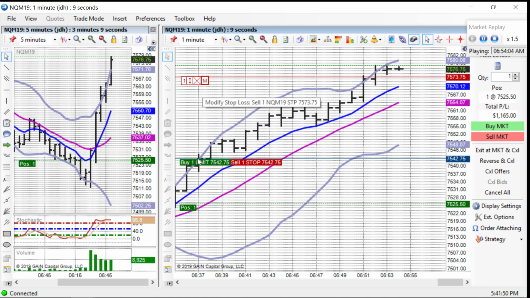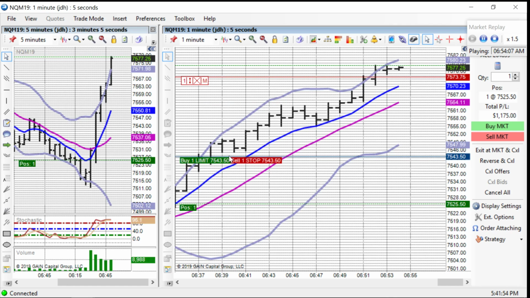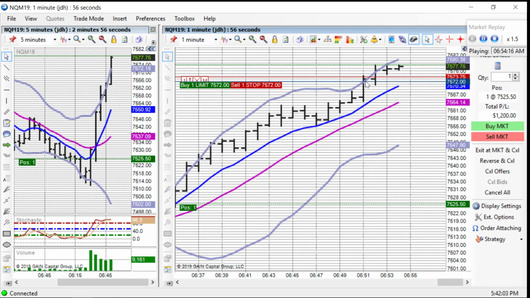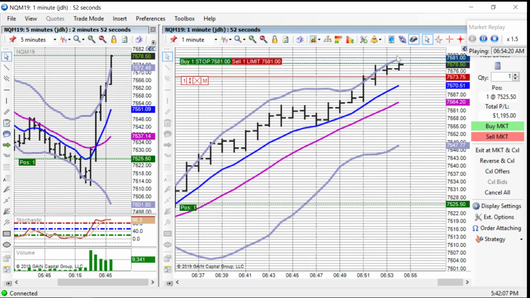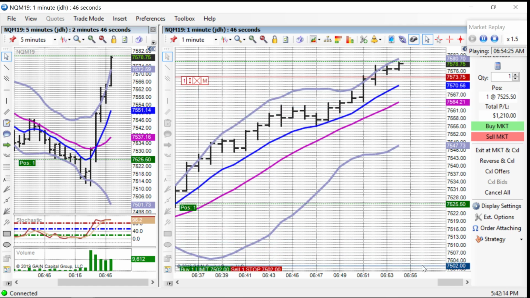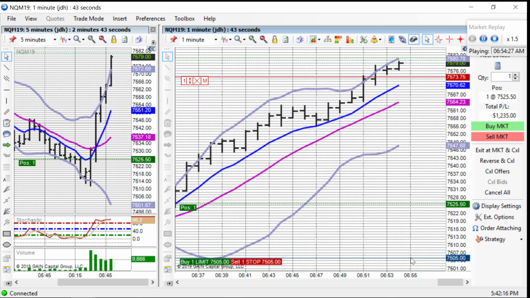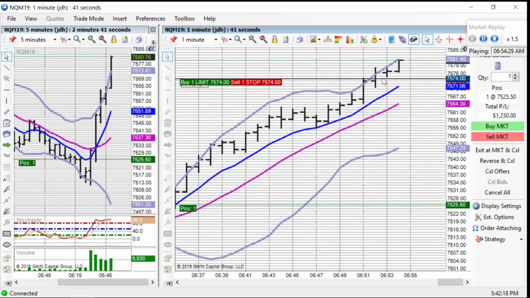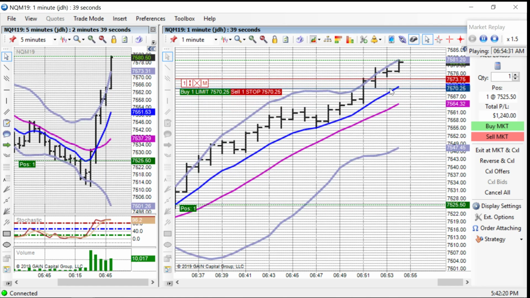So let's see if we can get stopped out here. That's a good sign of a trend reversal, by the way, if you get these bars very close to the Bollinger Band, and then you get a pullback through the low of the previous bar in an uptrend, or the high of a previous bar in a downtrend, and there's some distance from the ADMA line.